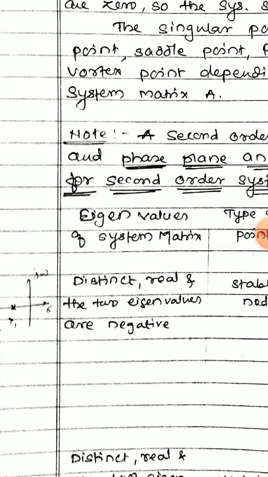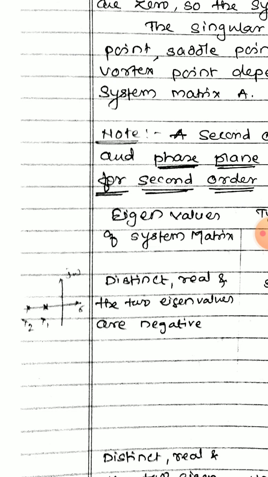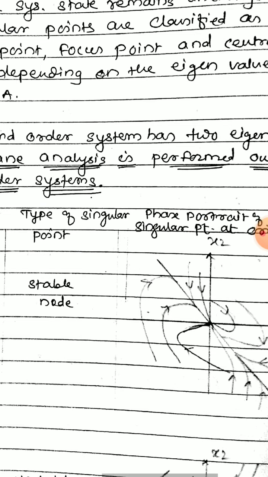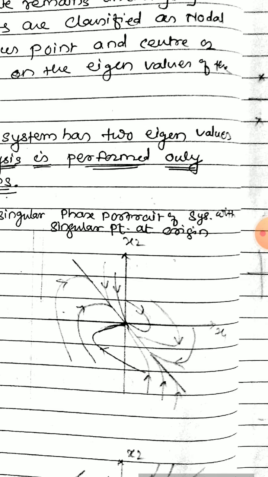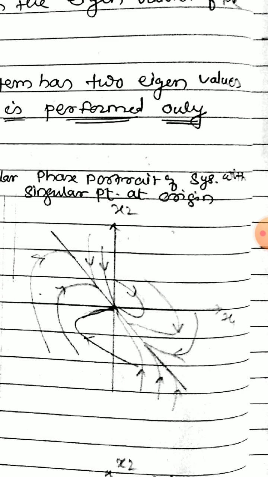So the S-plane representation of the two eigenvalues can be as shown in the figure. Now this type of singular point is called as stable node and the phase portrait of the system can be represented as shown in the figure.